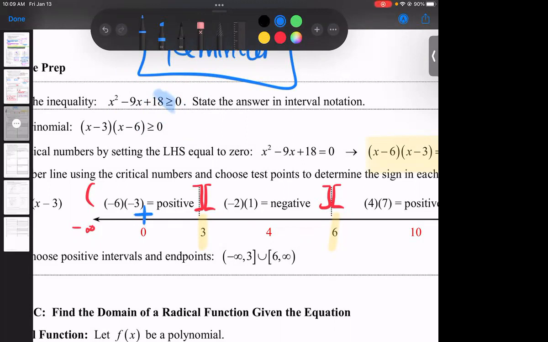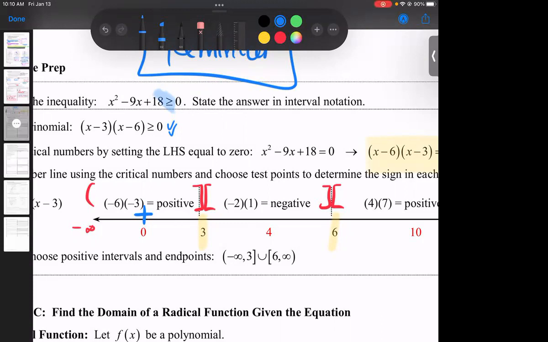What about the middle interval? When I plug in 4, what do I get? If it's easier for you, you can plug it in here. 4 minus 3 is 1. And then 4 minus 6 is negative 2.